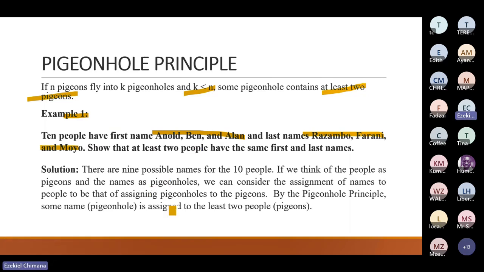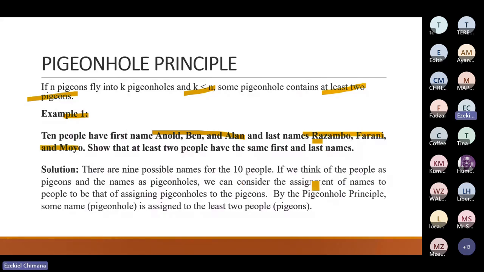Here there are 9 possible names for the 10 people. Like here you are given Arnold, Ben, and Alan. From Arnold, Ben, and Alan, and these last names, how many possible combinations can you come up with? Matching the name and the surname.